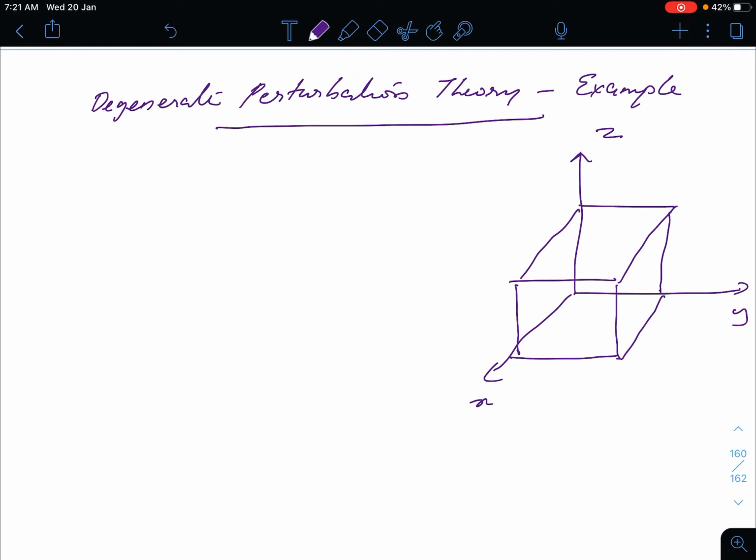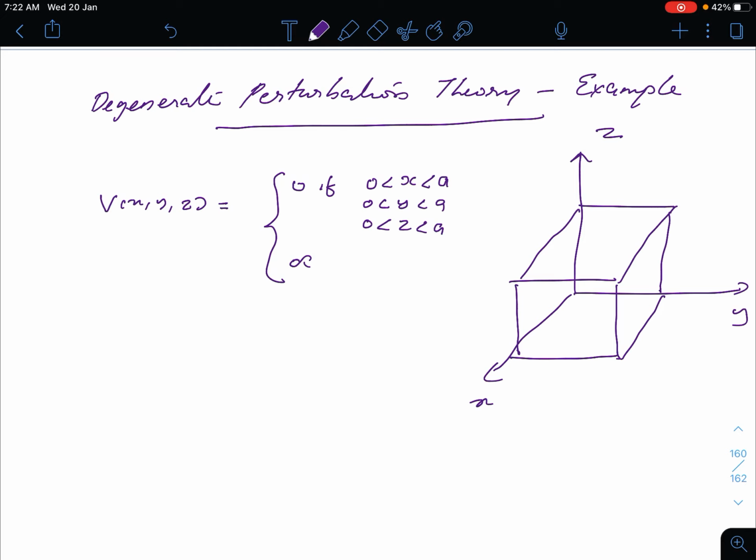So the potential is defined as V of x, y and z is 0 inside the cube, and everywhere else, that means outside the well, you have an infinite potential.